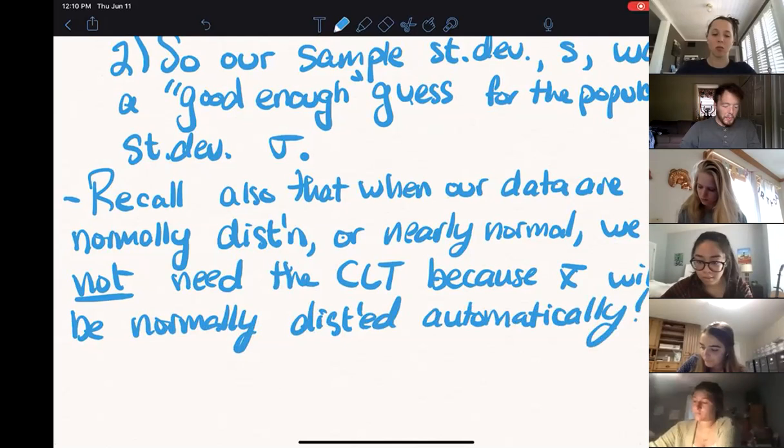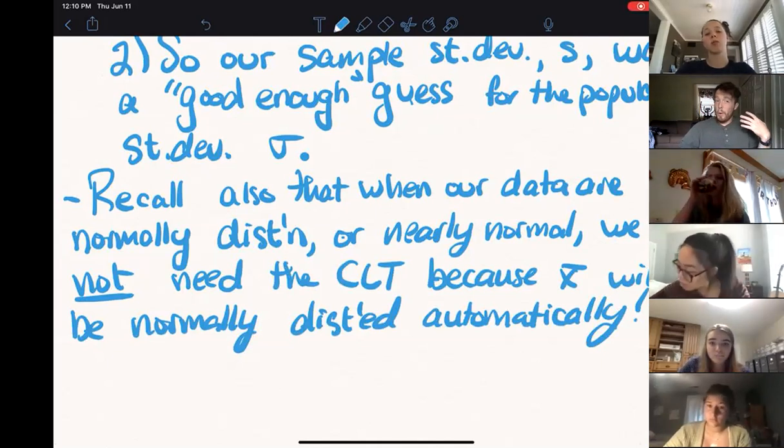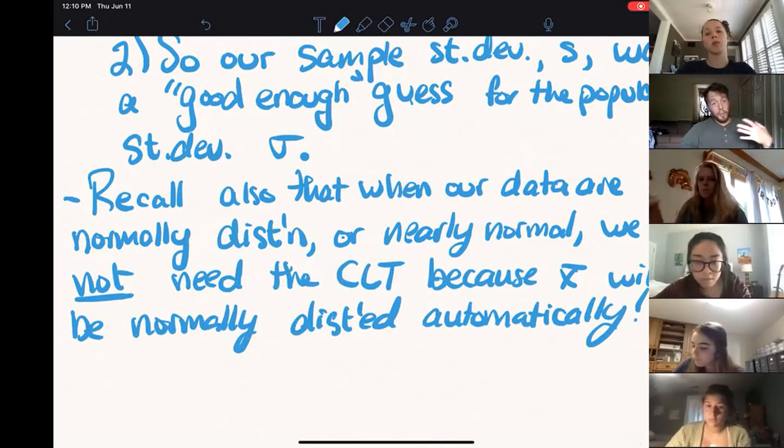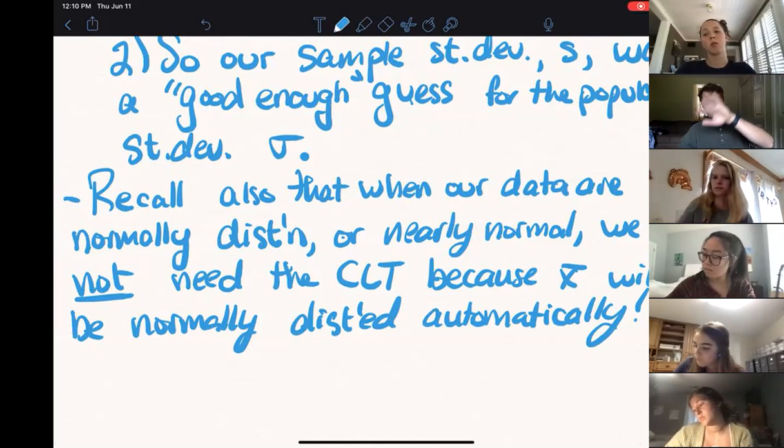Right? So we need the sample size to be large enough to use the central limit theorem. But if we had a sample where the data were already normally distributed, we wouldn't actually need the central limit theorem because X bar will be normally distributed anyway.